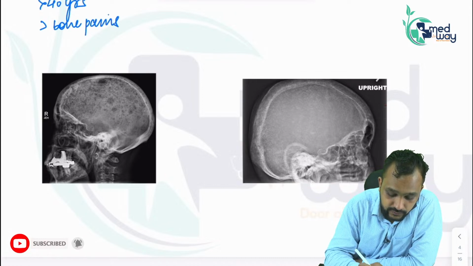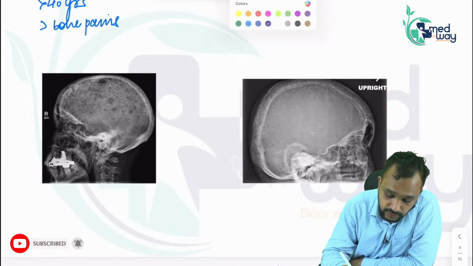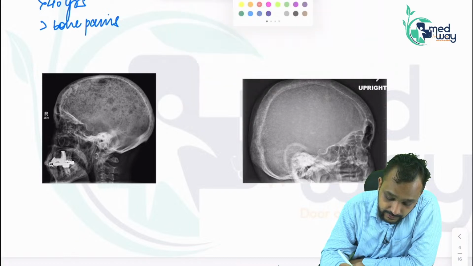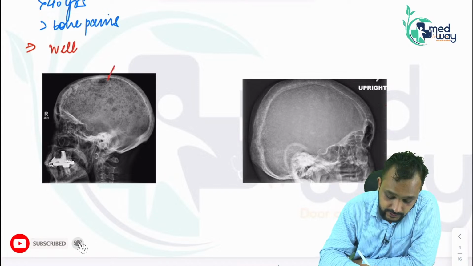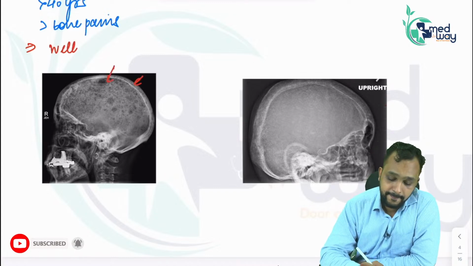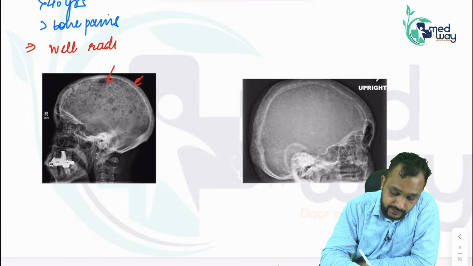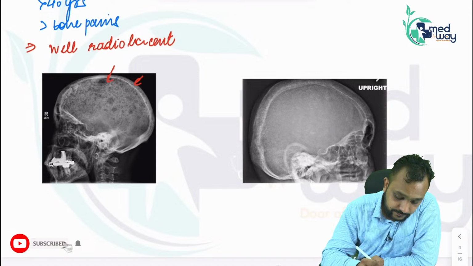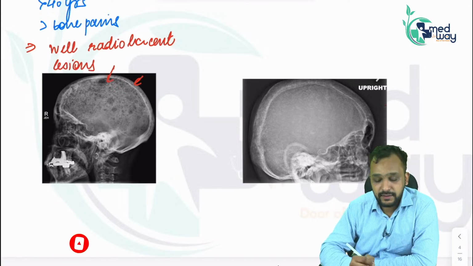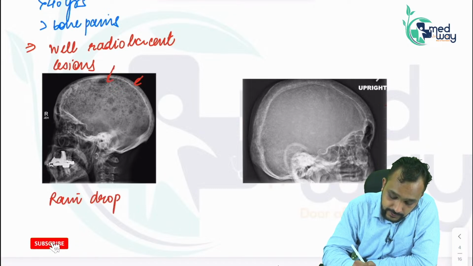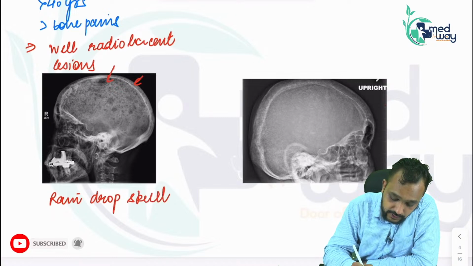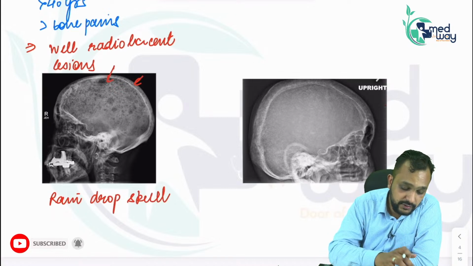You get an X-ray of the skull done, and what you see on the skull X-ray is that there are multiple well-defined radiolucent lesions within the skull, and these lesions are of various sizes. This is the characteristic appearance, known as raindrop skull. So guys, can you tell me in which case you are going to see this raindrop skull?